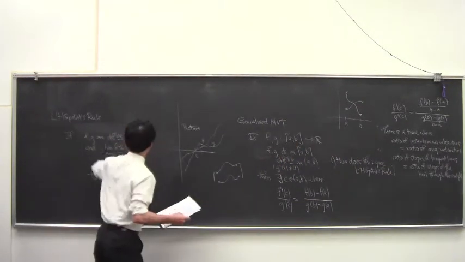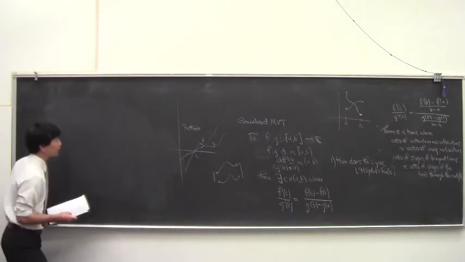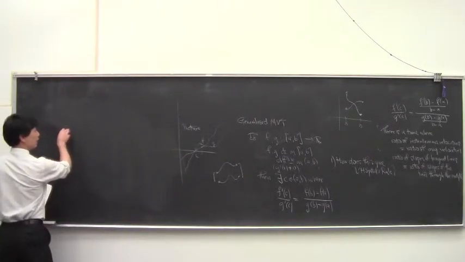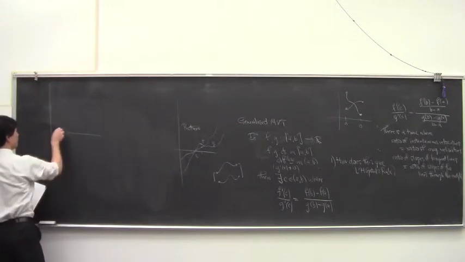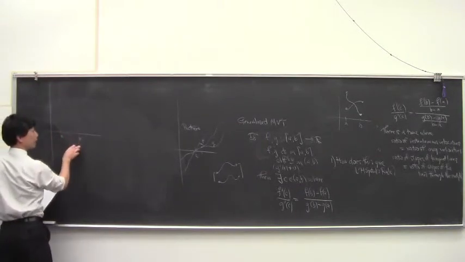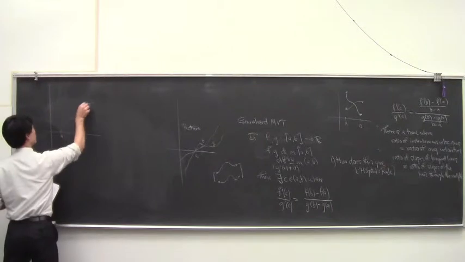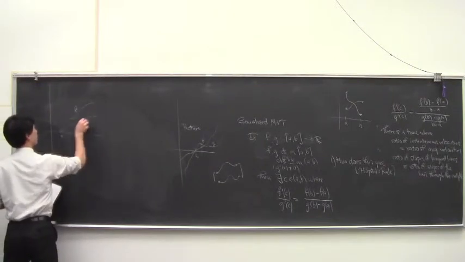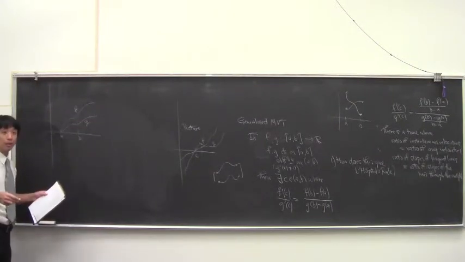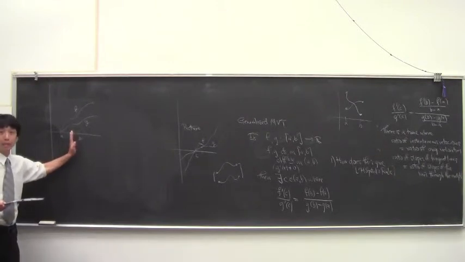So let's go back to the picture. You have one point A, you have another point B, and you have these two functions, f and g. Now let's use the generalized mean value theorem on this.